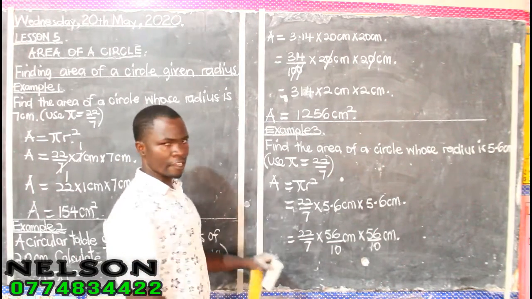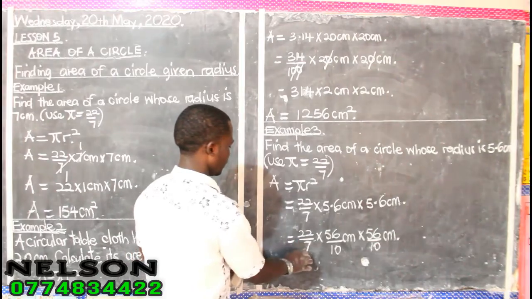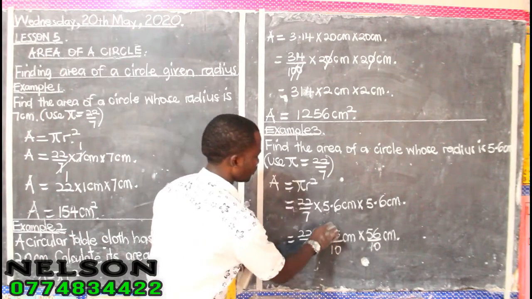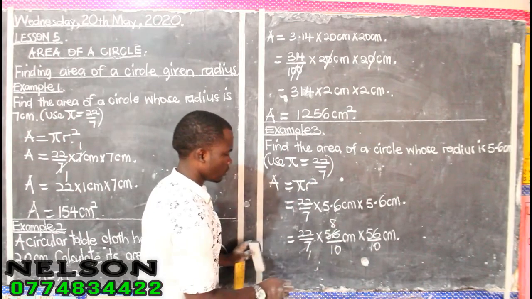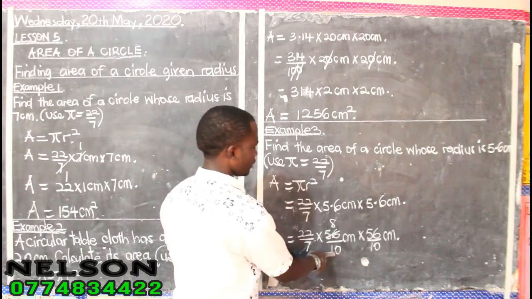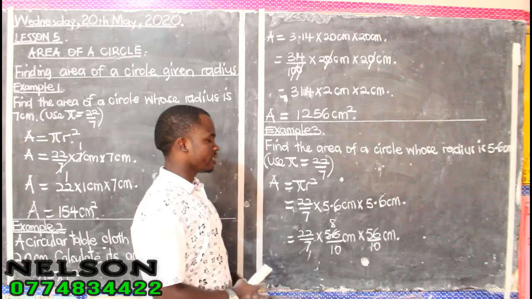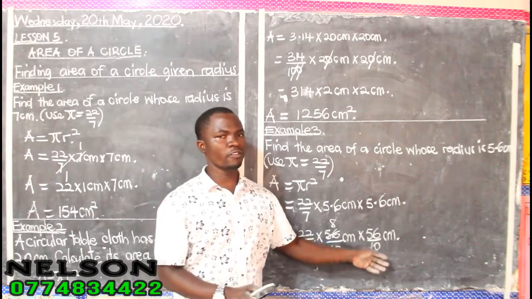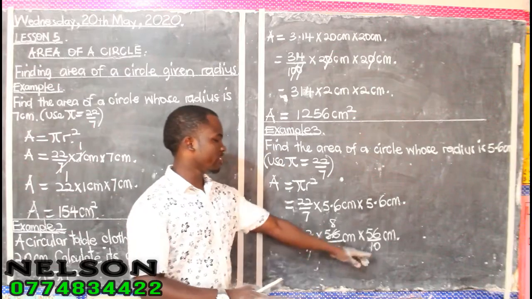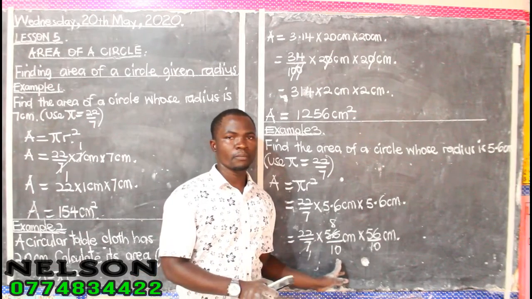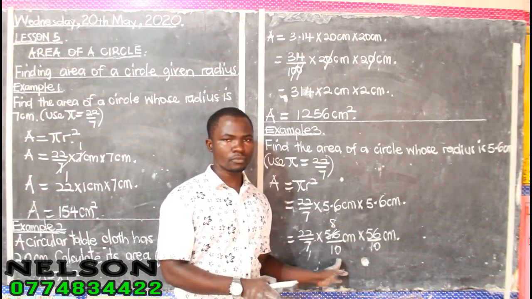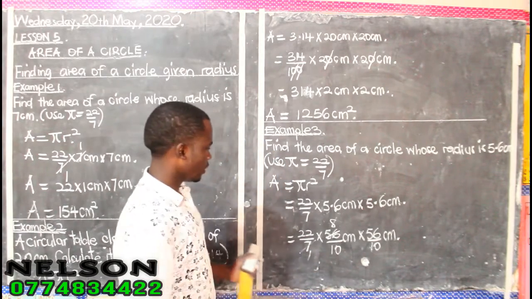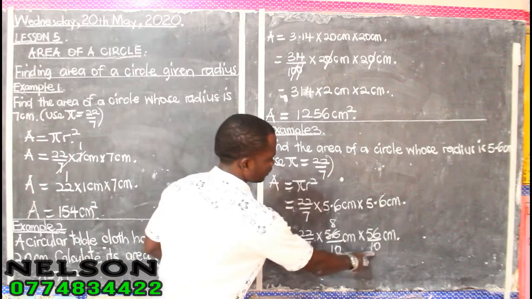We shall now divide by 7 once. By 7 here we shall have 8. Okay? This 10 here, we can say by 2, 5, by 2, 4... but with these zeros here, maintain them in the denominators. Why do you maintain the zeros?